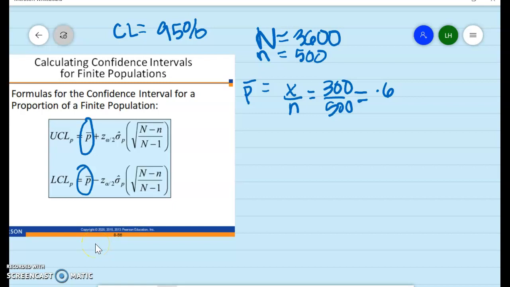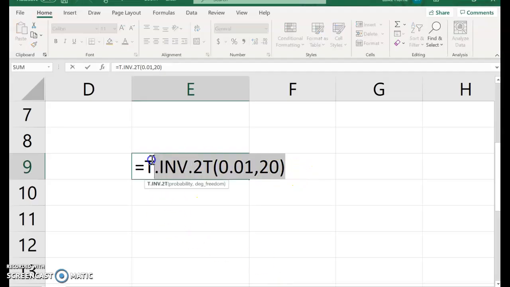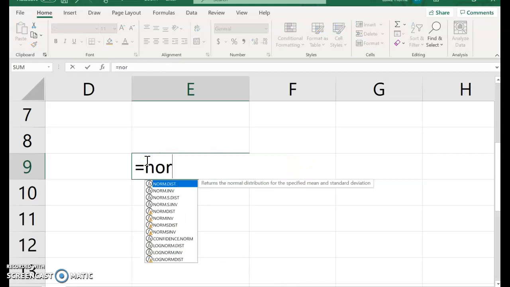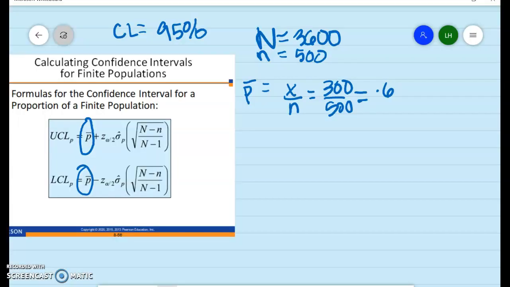Now we need to get Z. So we're going to go into Excel, and for a proportion, we can use a normal distribution. And we're going to do the inverse. So we need to know the probability for a 95%. What would our probability be?